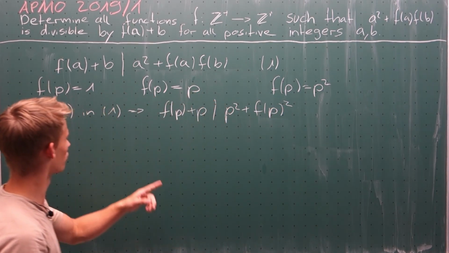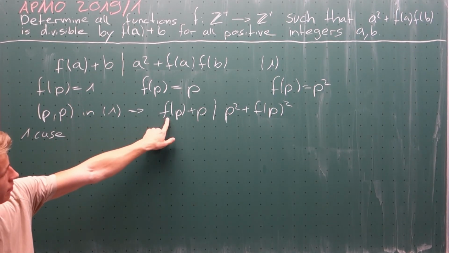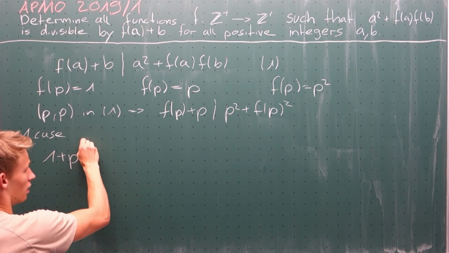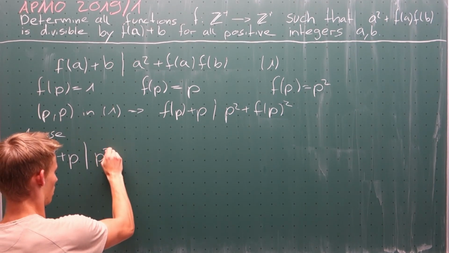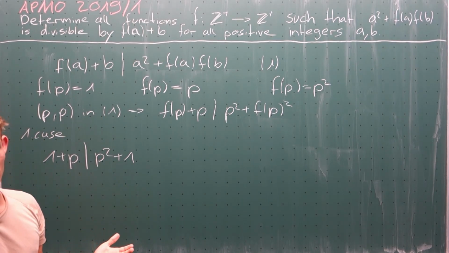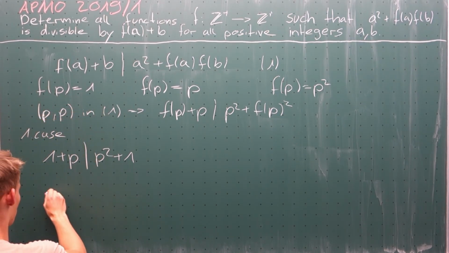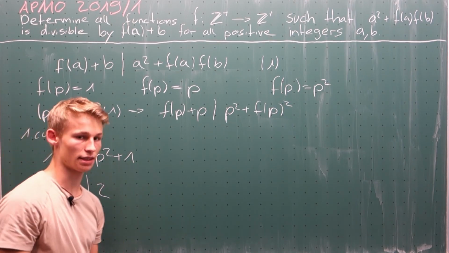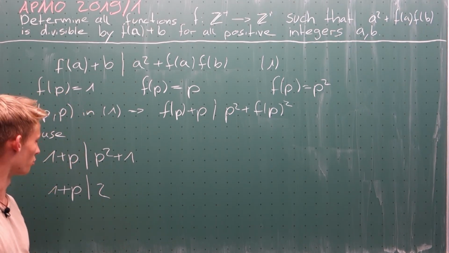Now, let's have a look at the first case, that f of p is equal to 1. Here we have that 1 plus p divides p squared plus 1. But since we also know that 1 plus p divides p squared minus 1, 1 plus p must divide 2. So 1 plus p divides 2. And this is clearly impossible, since p is a prime number greater than or equal to 2.